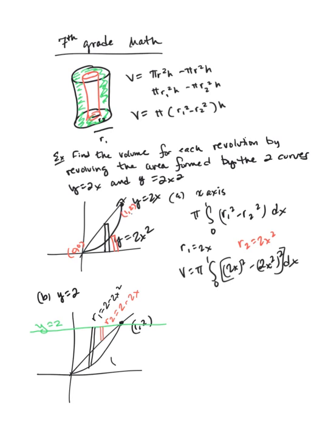So your volume would be pi, still going from 0 to 1 as far as the x's go. So the larger radius is 2 minus 2x squared. We'd be squaring that.